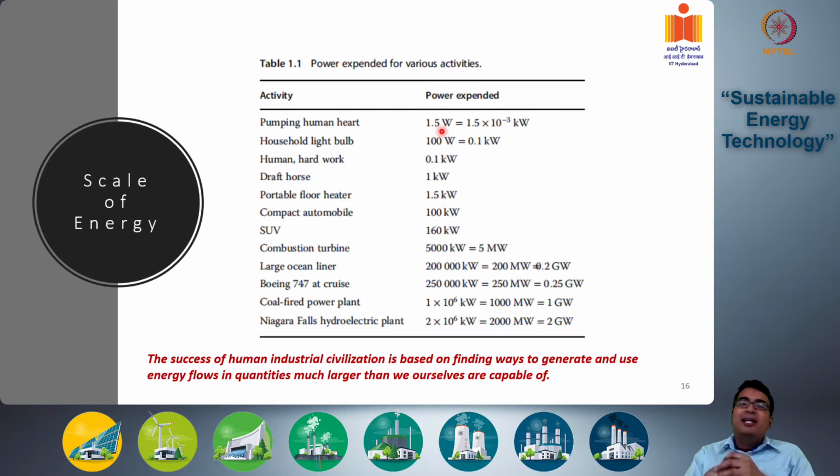Now if you are working hard, for example playing cricket, playing football, or transferring heavy weight, then you as a typical human being will be expending around 0.1 kilowatt of power. So 0.1 kilowatts is 100 watts, correct? And 100 watts means 100 joules per second.